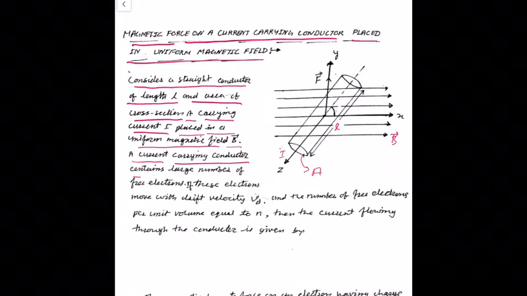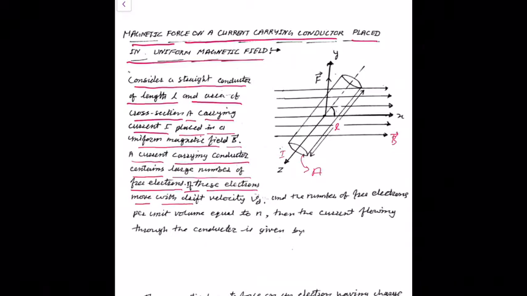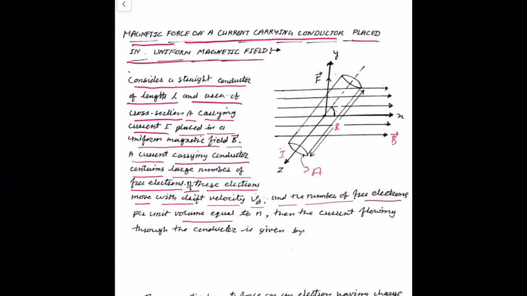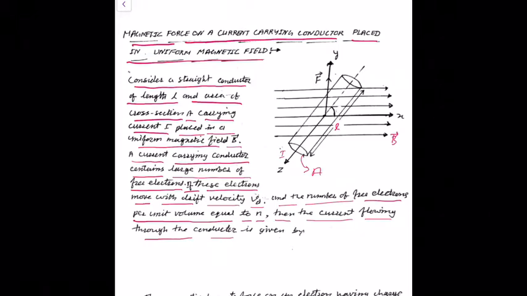A current carrying conductor contains a large number of free electrons. If these electrons move with drift velocity Vd and the number of free electrons per unit volume is small n, then the current flowing through the conductor is given by I is equal to neA Vd.